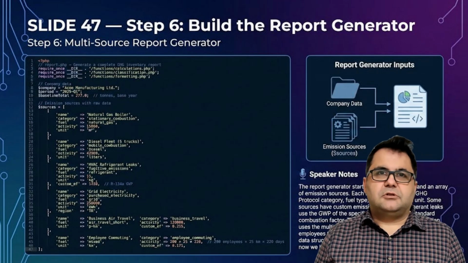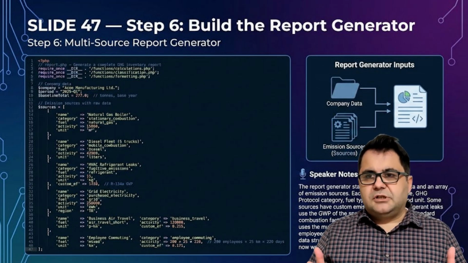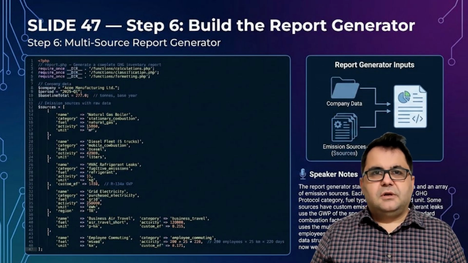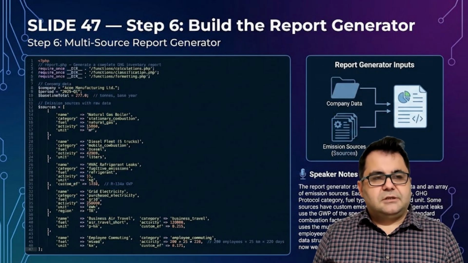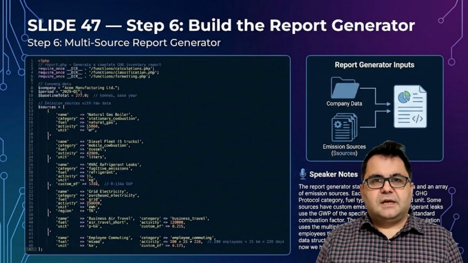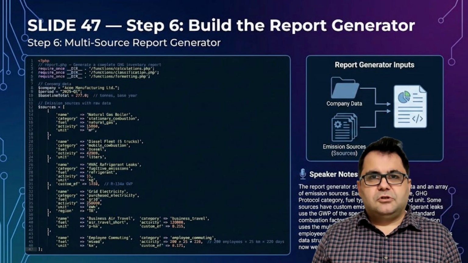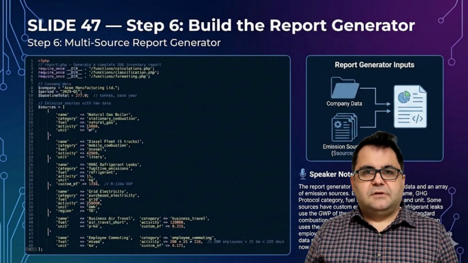The report generator starts with company data and an array of emission sources. Each source has a name, GHG protocol category, fuel type, activity data, and unit. Some sources have custom emission factors. Refrigerant leaks use the GWP of the specific refrigerant, not a standard combustion factor.